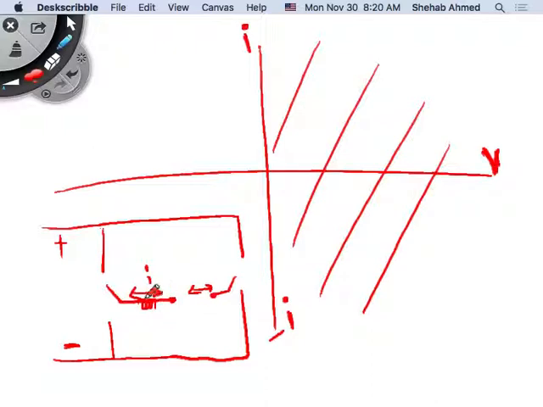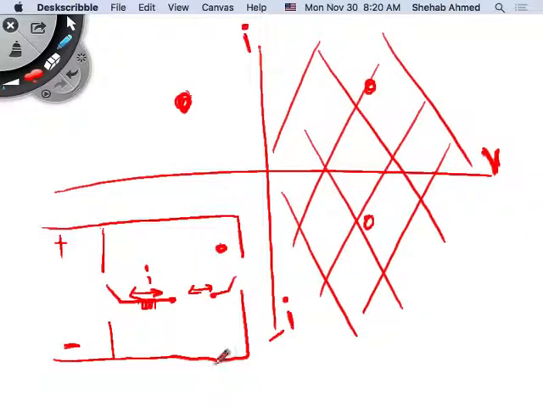So current here in the inductor that we have in the equivalent representation of the inverter is bidirectional, and this is unidirectional. So I cannot live in one of these quadrants by itself. I have to live in these two quadrants together, right? Current is bidirectional, and voltage has a single polarity.